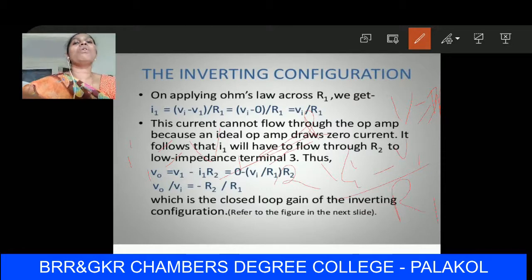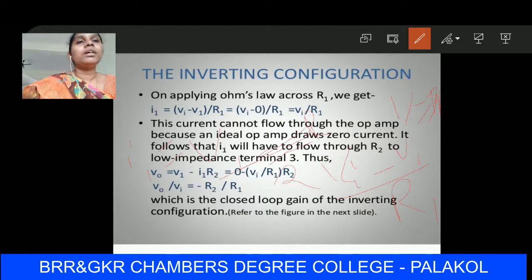Applying Ohm's law, the current across the R1 resistor, and considering the virtual ground concept, here V1 equal to 0 and V2 is also 0. So we substitute V1 equal to 0 in this equation. So Vi minus 0 divided by R1 is equal to Vi divided by R1.